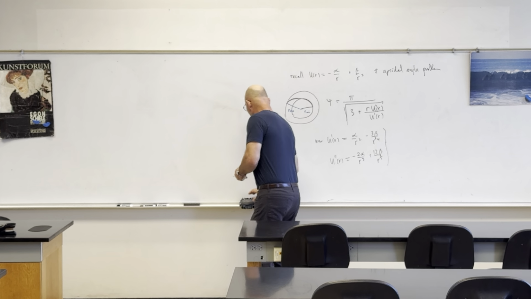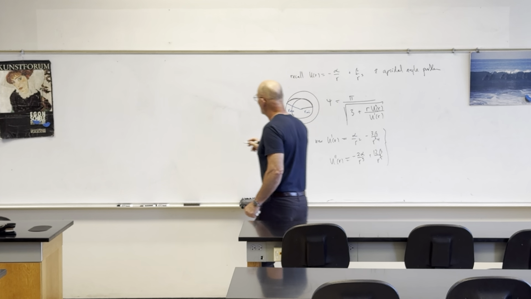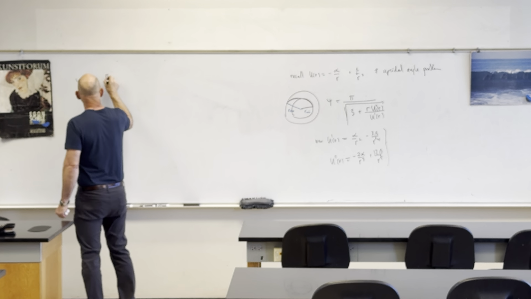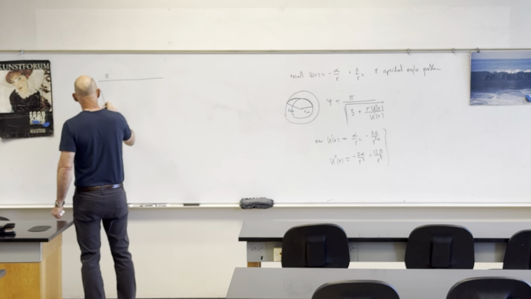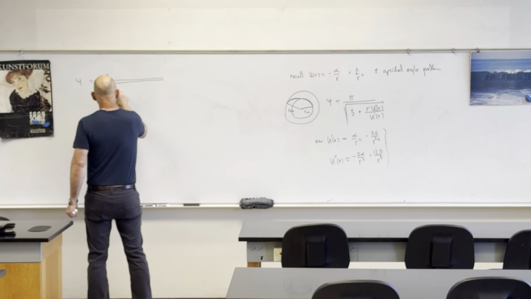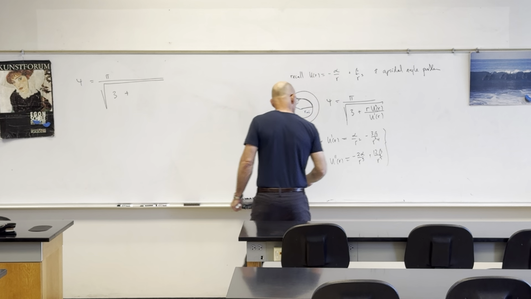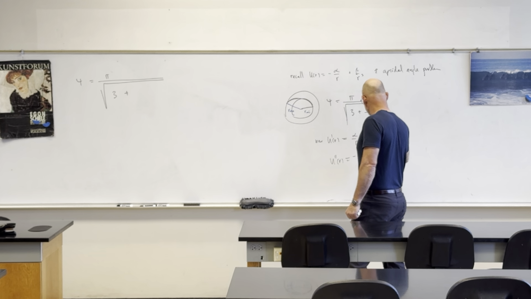So let's have a look here. Yes, set this up. I divided by 3 plus R times the second derivative. You'll notice it's going to give us the same powers as this one has.